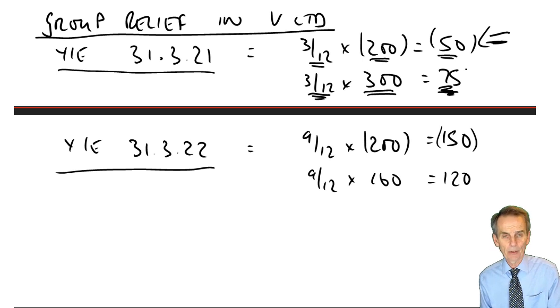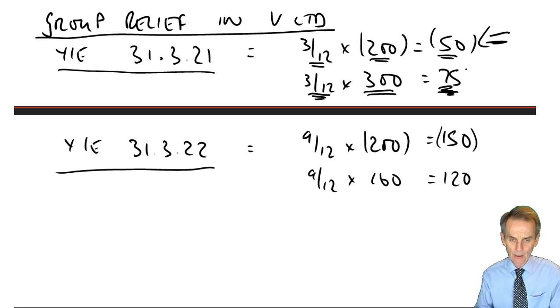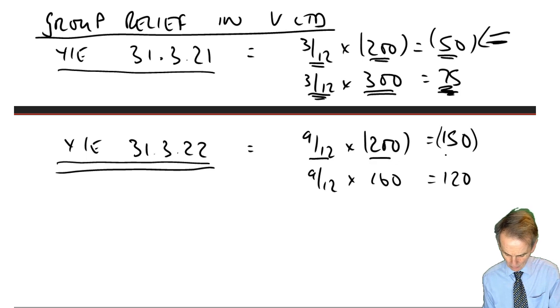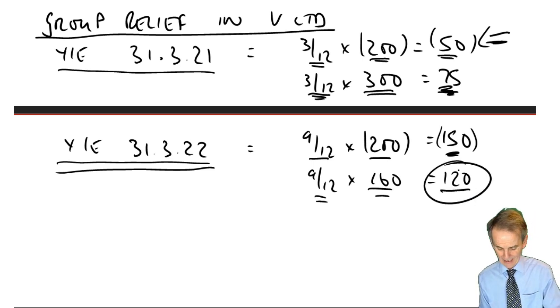In the 9 months of corresponding period between the loss maker and the profit maker, for the profit maker's year ended March 22, we can take 9 months of the loss, which was 150, but put it against just 9 months' worth of a profit of 160, which is 120. We can see that 120, therefore, is the smaller number.